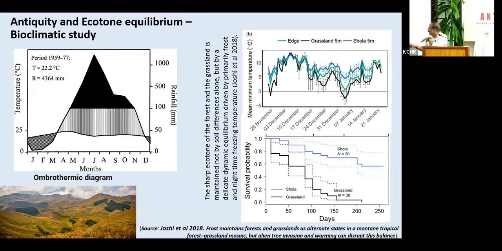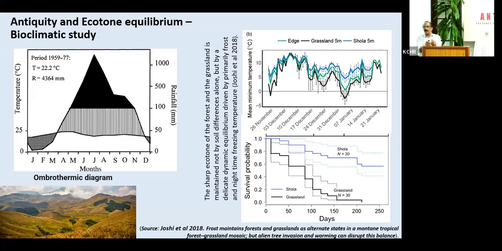He measured all the thermometers and found that in the grassland area the temperature goes down around 4 to 5 degrees Celsius, and that is enough to solidify the cytoplasm in the cell. When the cytoplasm solidifies, it enlarges and the cell breaks out, which we call frostbite.